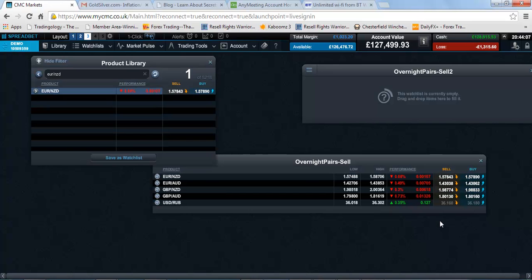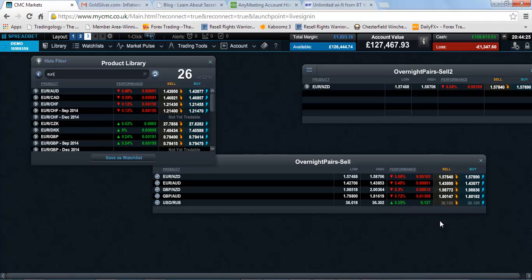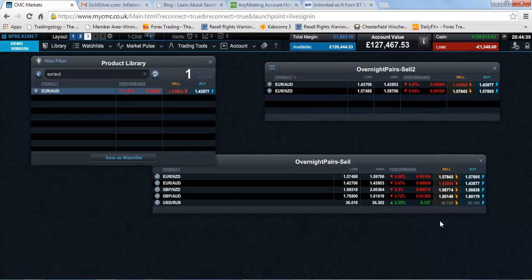You just click and drag and then you put it in your overnight pairs. The next one is Euro AUD, which is Australian dollar. The same way, you pick and let go into your new watch list, which is the overnight pairs sell.